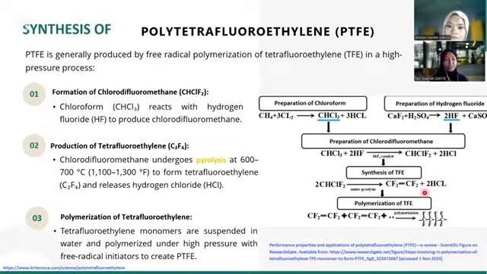And for the third reaction, polymerization of tetrafluoroethylene, where the tetrafluoroethylene monomers are suspended in water and polymerized under high pressure with free radical initiator to create PTFE, as we can see.